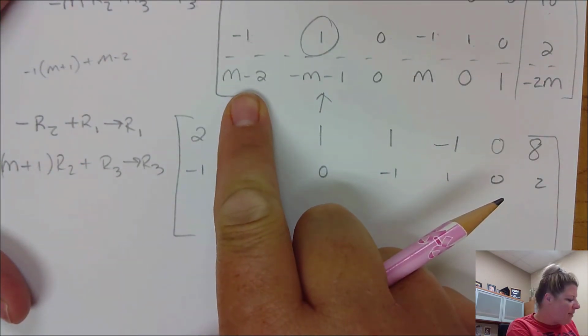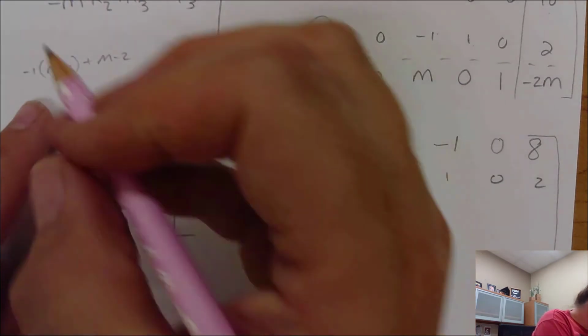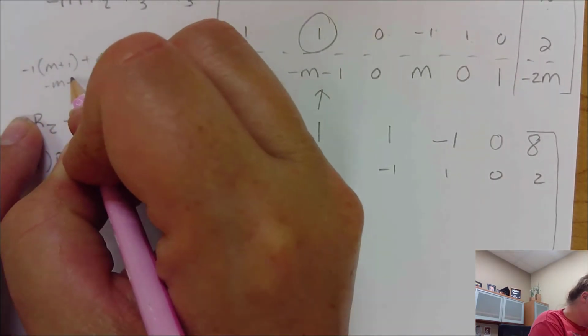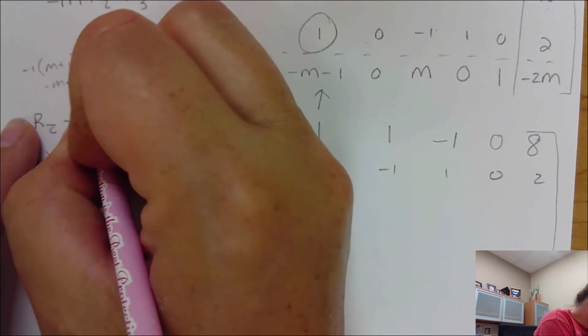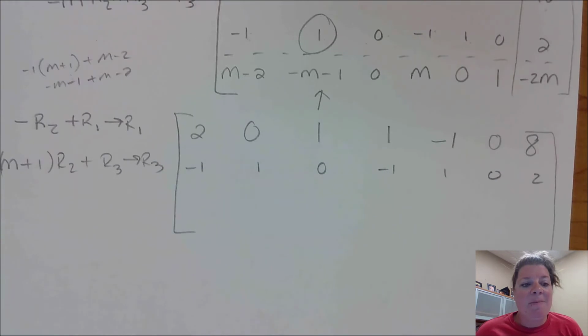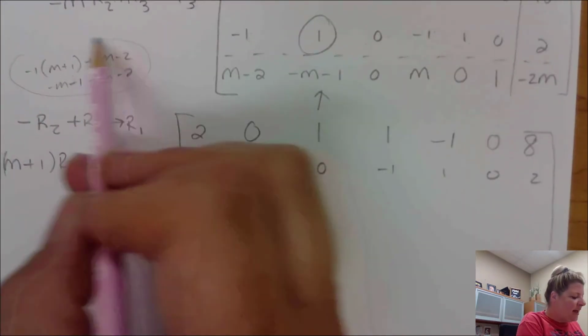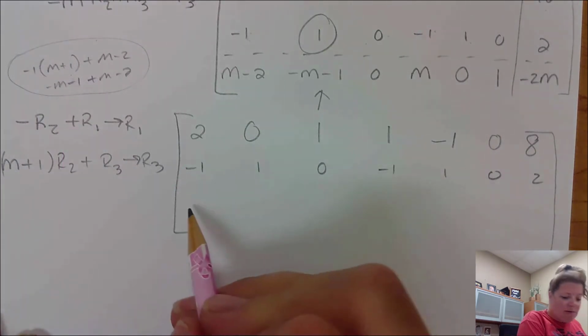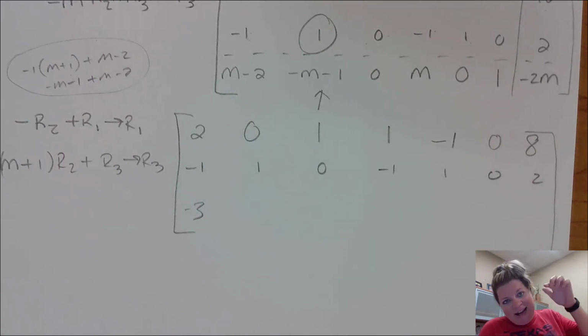So what happens here is you're going to have -M minus 1, plus M minus 2. What happens to your M's? They actually cancel each other. So this was just like our little side note, and we have -3. Yay! See you later, M.